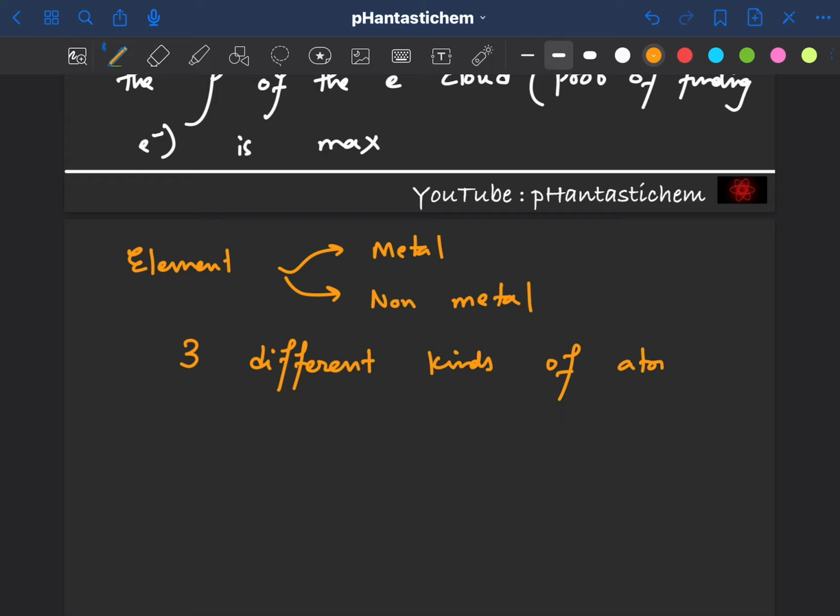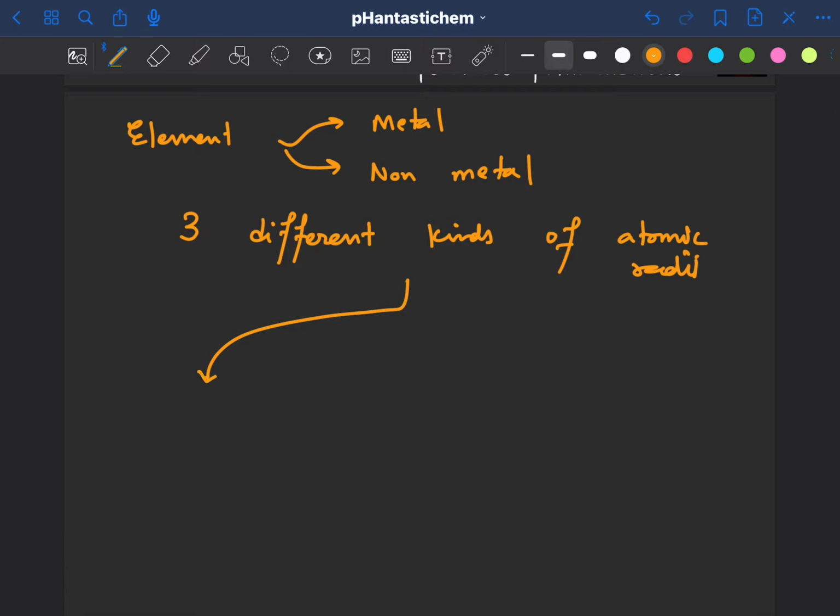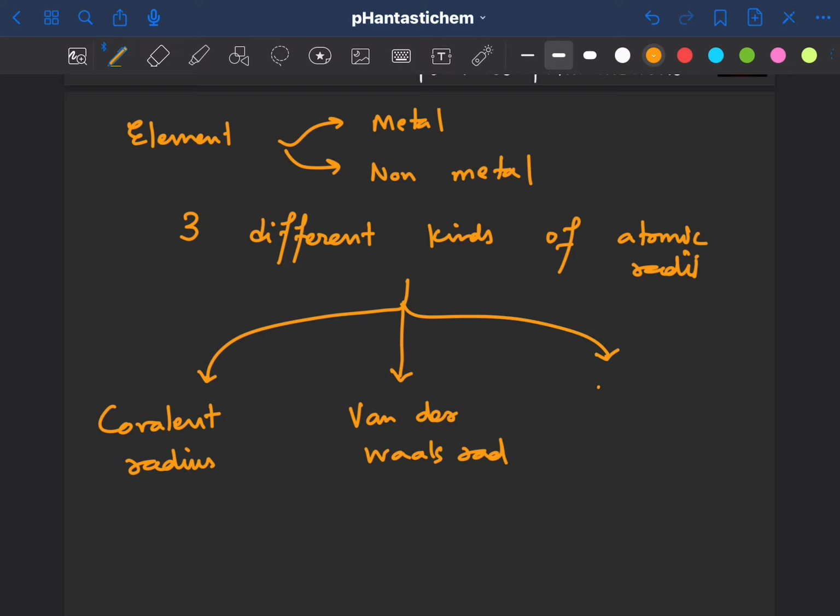Those three are covalent radius, then we have van der Waals radius, and the last one is metallic radius.